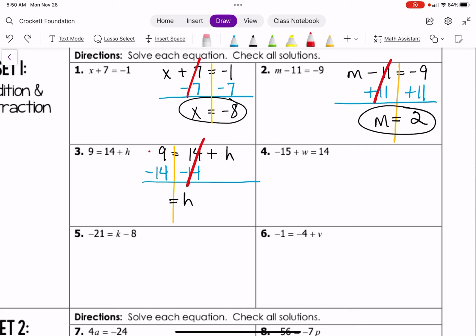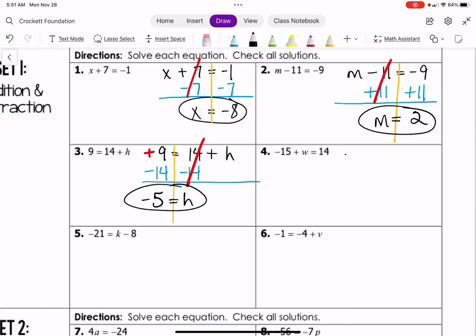If you need to, you can always put a plus sign right here in front of the 9. But once again, the signs are different, so we subtract. 14 minus 9 is 5. Now, this time, the 14 is the bigger number and it's negative, which means that the 5 has to be negative. So that would make -5.